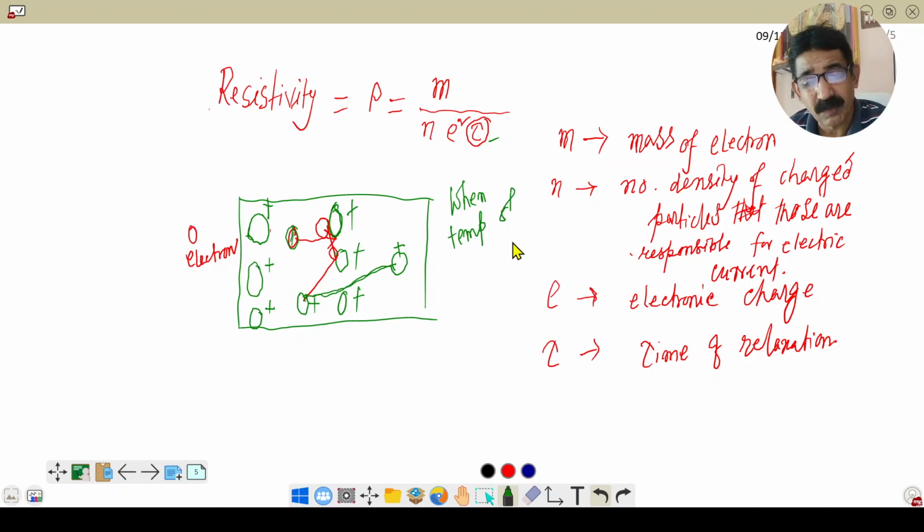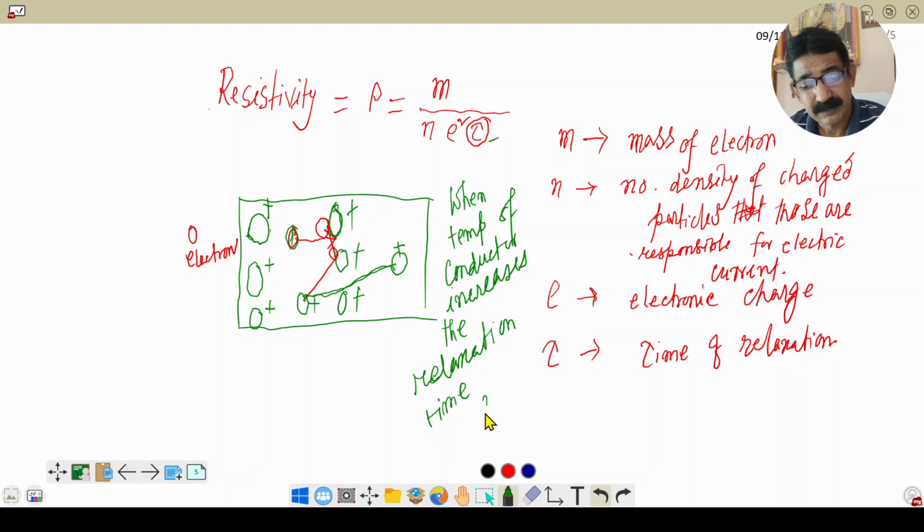But the actual gist of our discussion is this: when the temperature of the conductor increases, the relaxation time decreases.